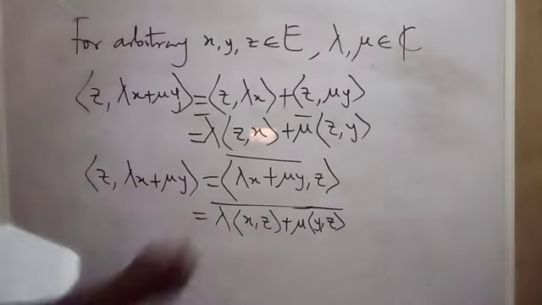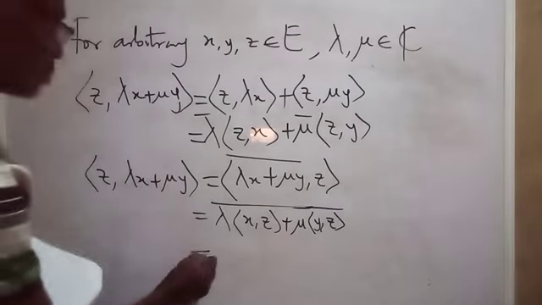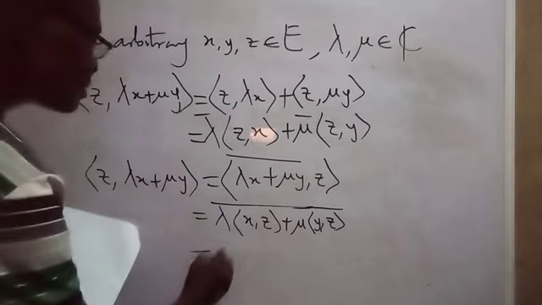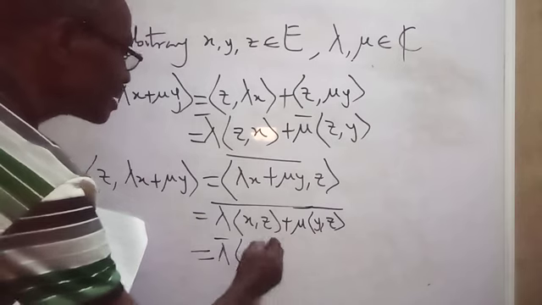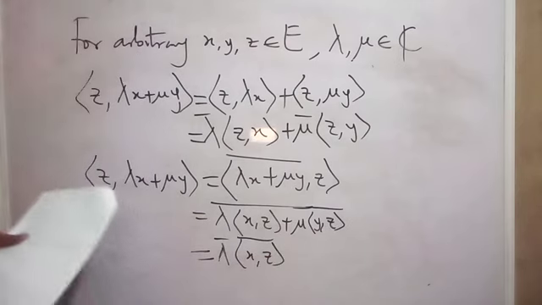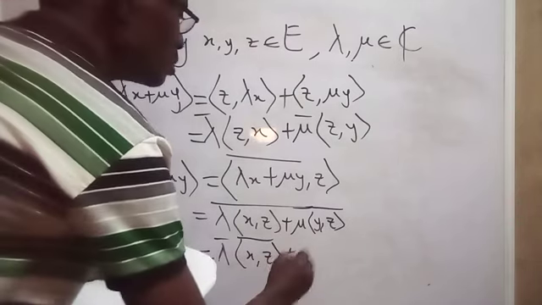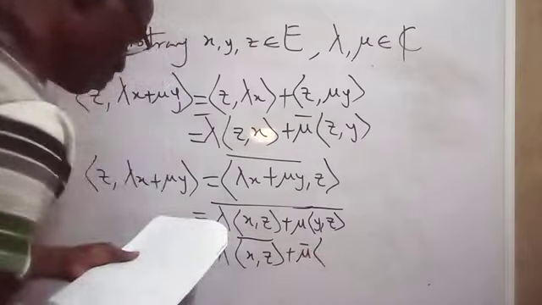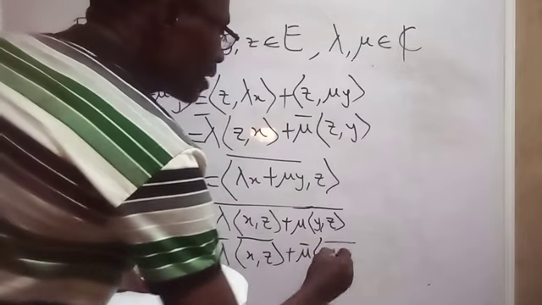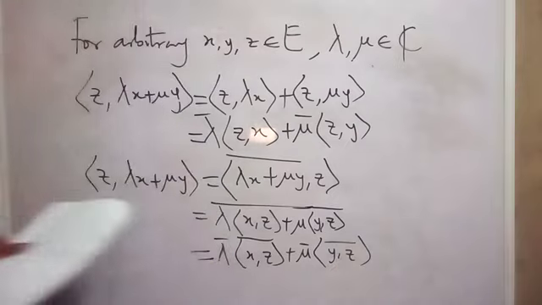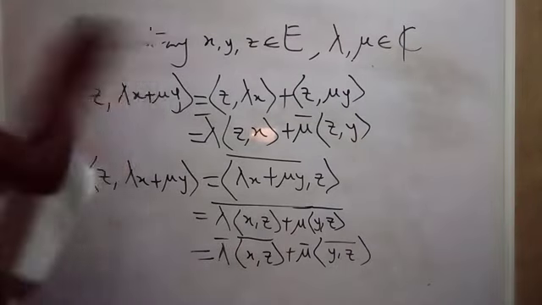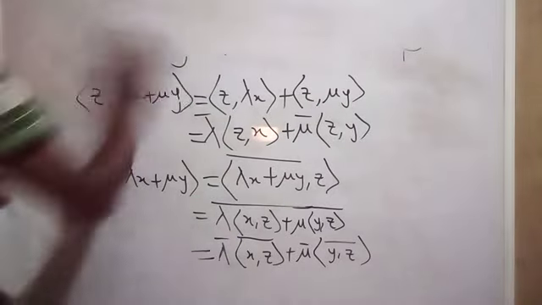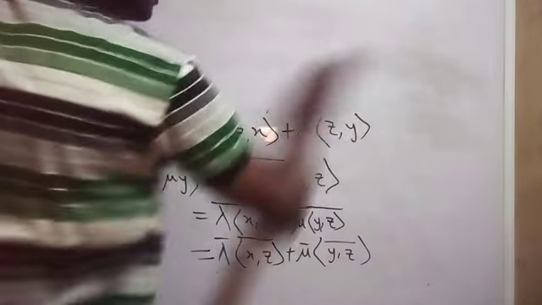So you can separate this as this, and this as this, plus the bar of mu and the bar of y, the inner product of y. That's complex conjugation, which eventually will give us this.